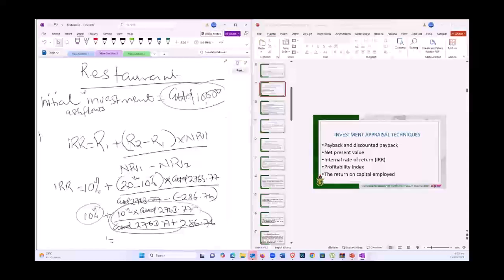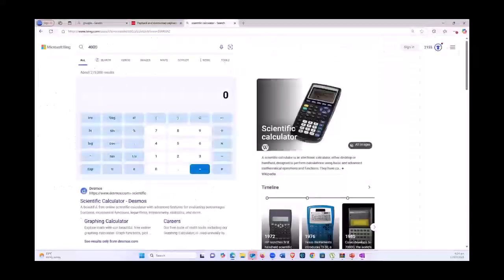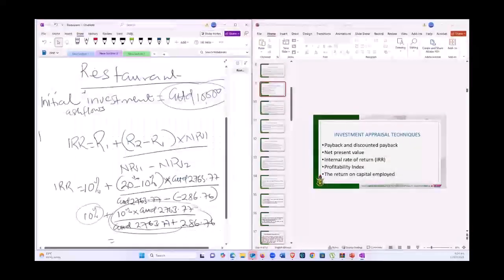It will give you how much? 3050.53. The numerator is 2763.77 times the 10%. So it will be 27637.7. You're missing the 7 there.